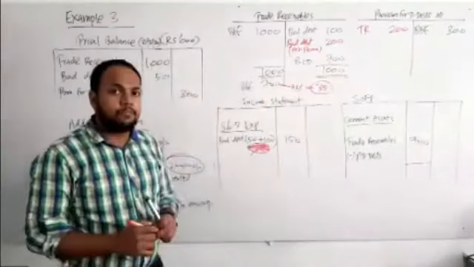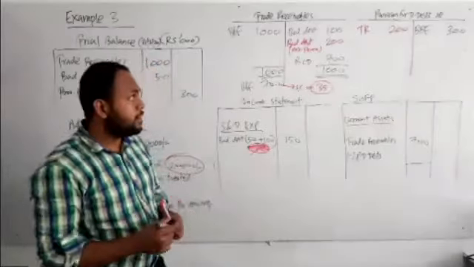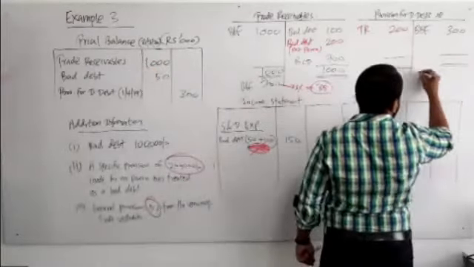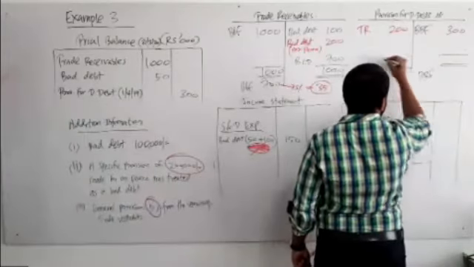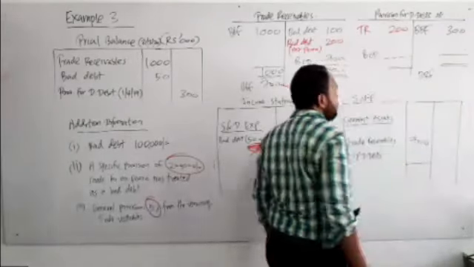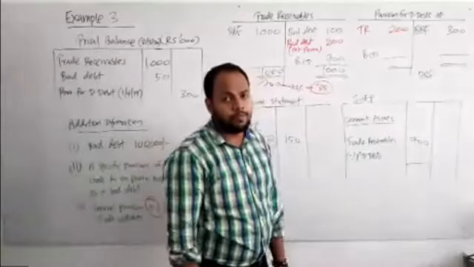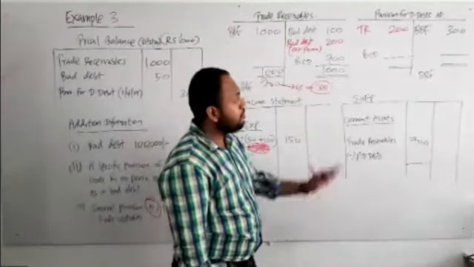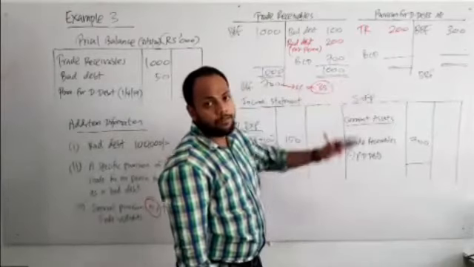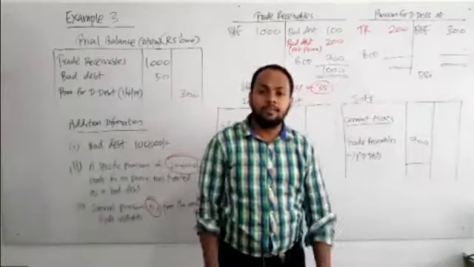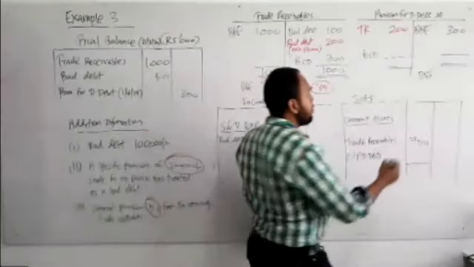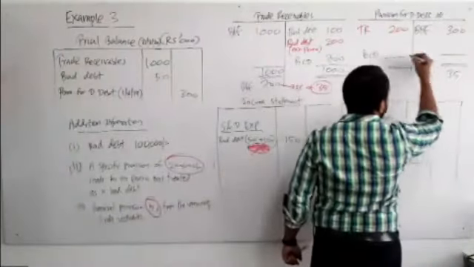Only 35 should be the provision for doubtful debt balance. Your balance should be 35. How much is available in the provision for doubtful debt account? We have a credit of 300, debit of 200, that means net is 100. But the closing balance should be 35.